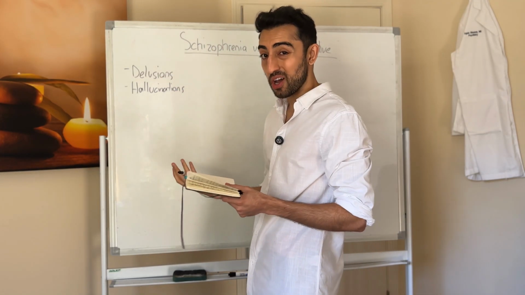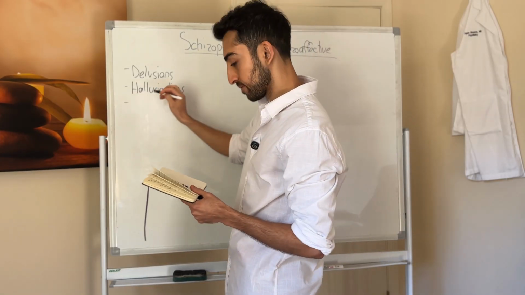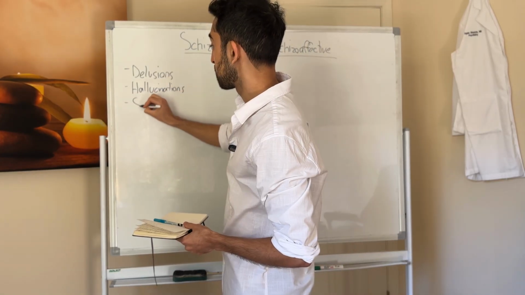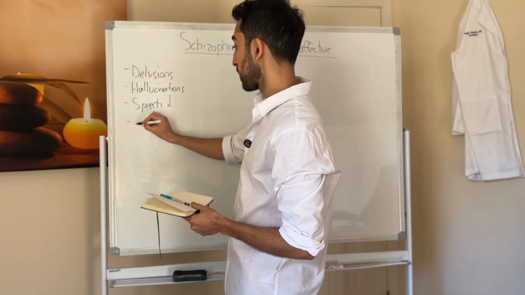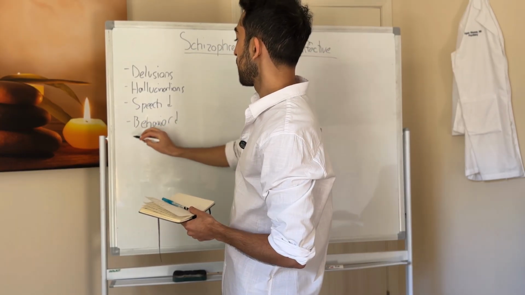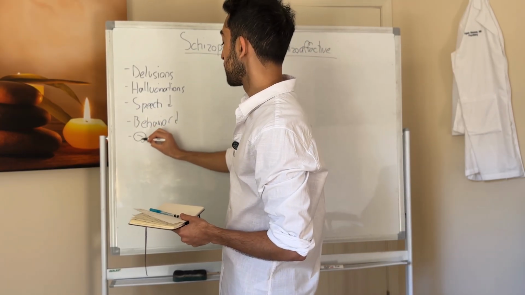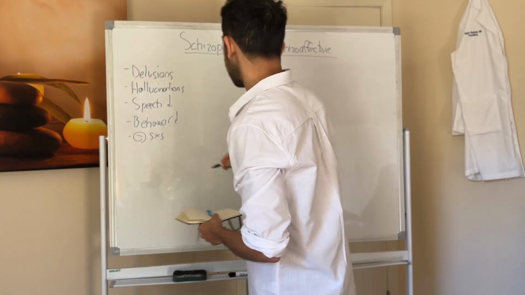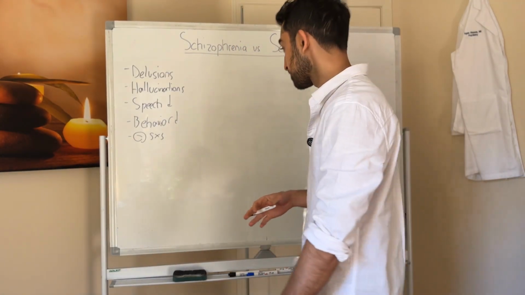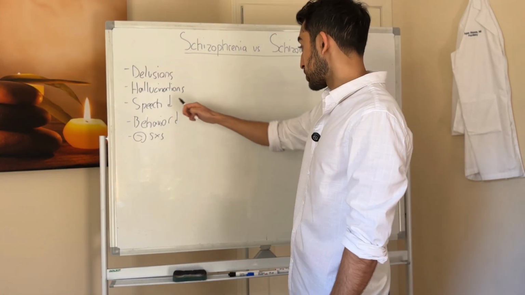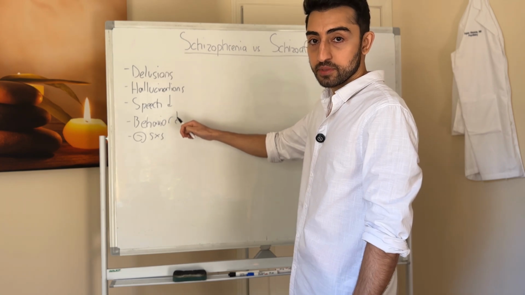These are what we call the positive symptoms. Disorganized speech. So, right, speech, bad. Disorganized behavior and negative symptoms. Basically, symptoms that look like depression, but it's like withdrawal and things, social withdrawal. So we must have two out of these five symptoms.